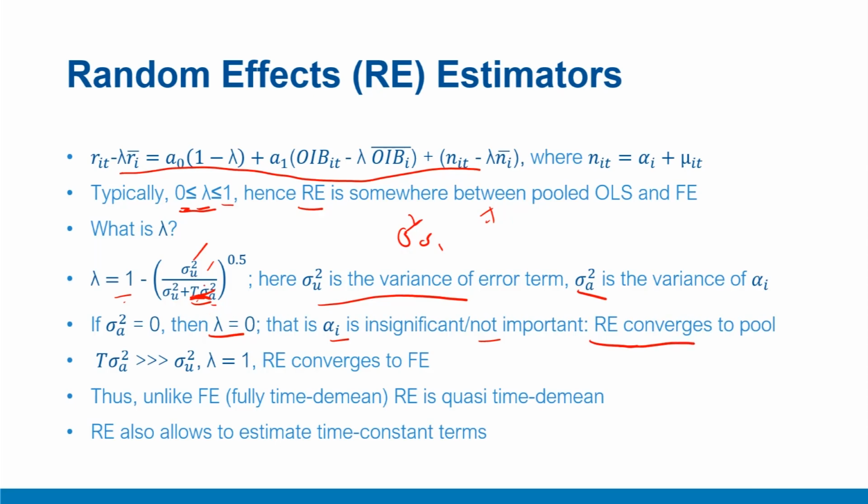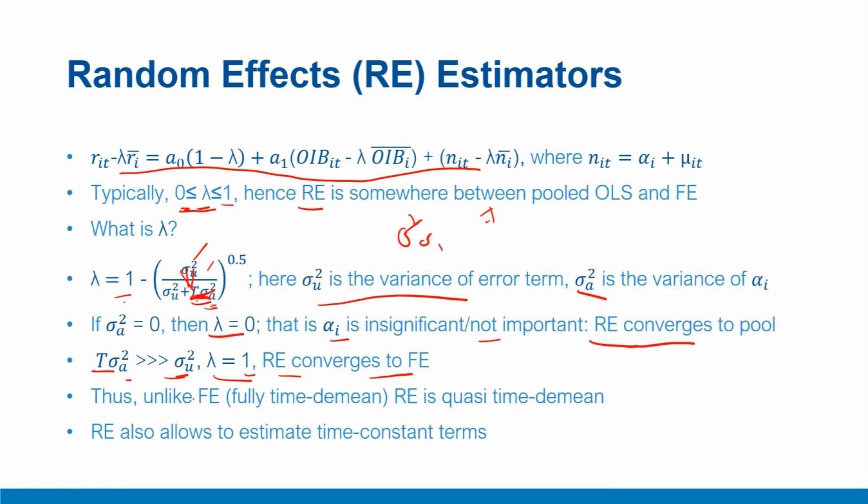Similarly, if relative to error variance, the size and variance of this unobserved heterogeneity is quite large, and therefore T times sigma alpha square is quite large as compared to sigma mu square, then this term is close to 0 and lambda becomes 1. Asymptotically, lambda becomes 1, and then random effects converges to fixed effect.